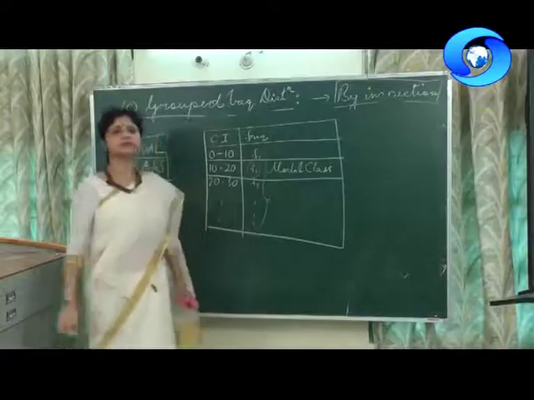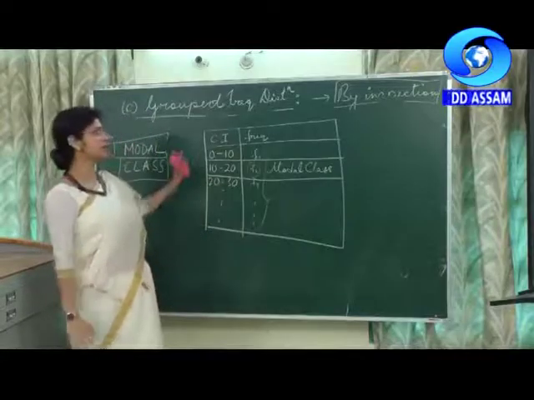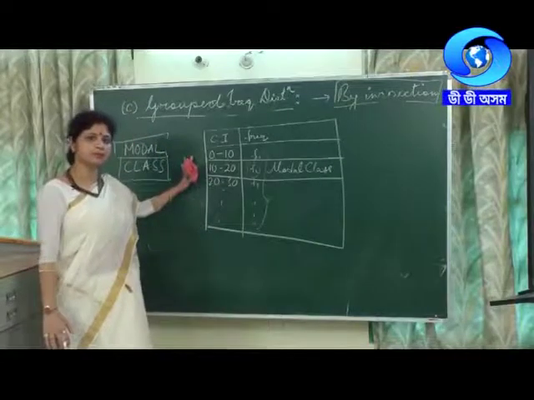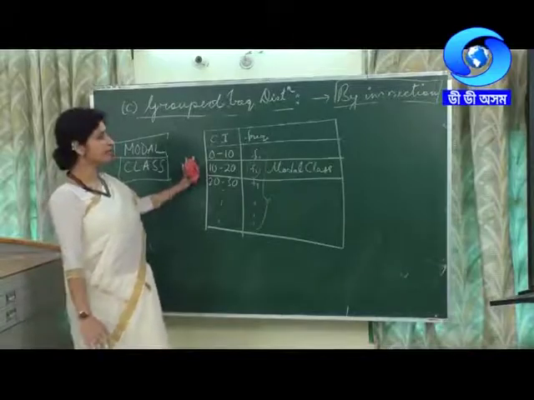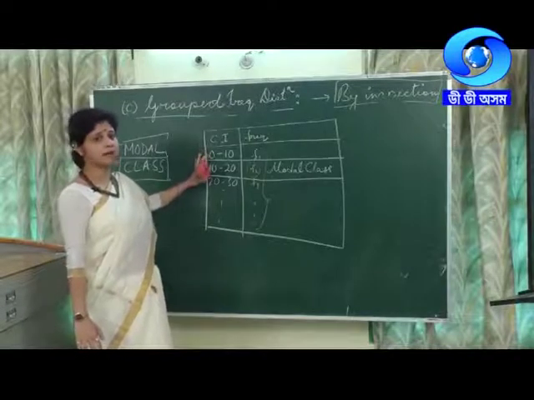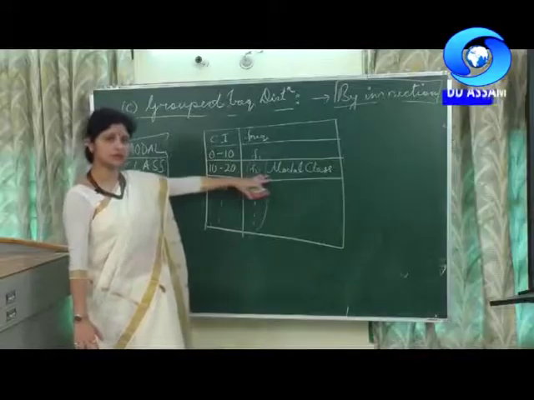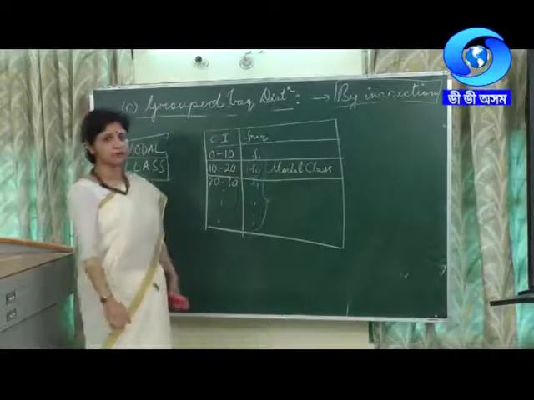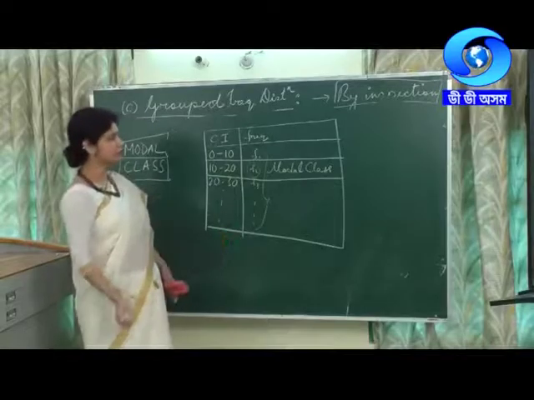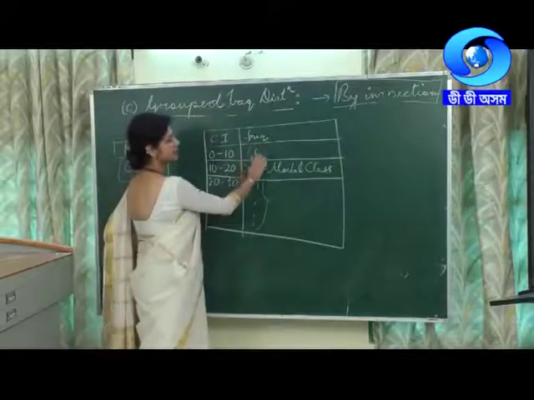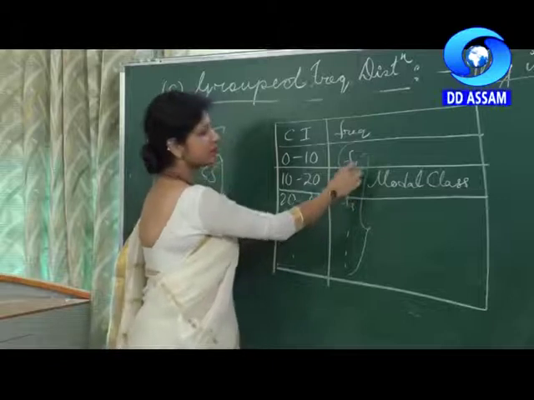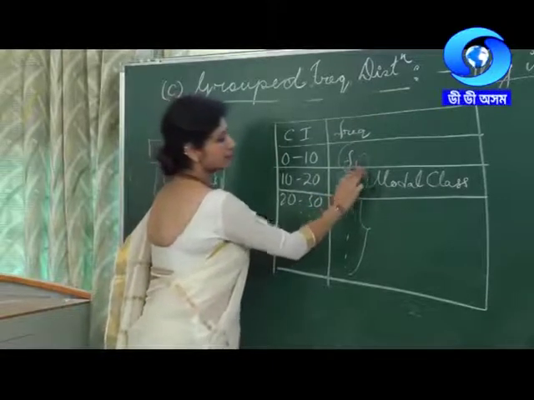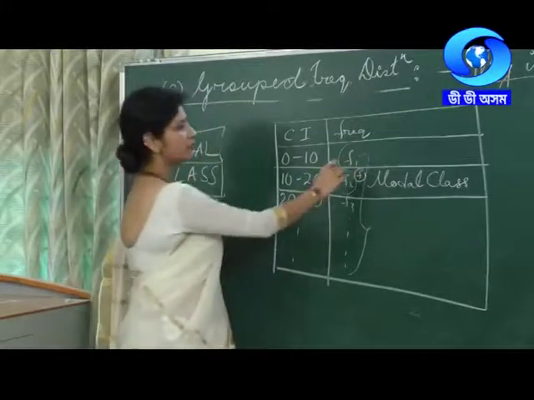So the first step in calculation of mode for a grouped frequency distribution is finding out by observation which will be the modal class, and then putting the values into the formula given to you. If this is the modal class, f will be this.